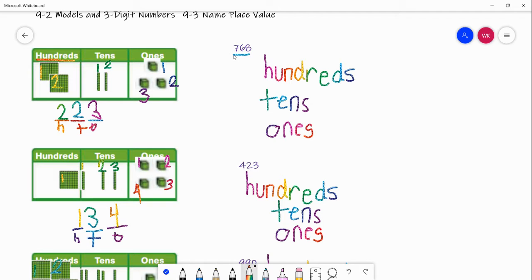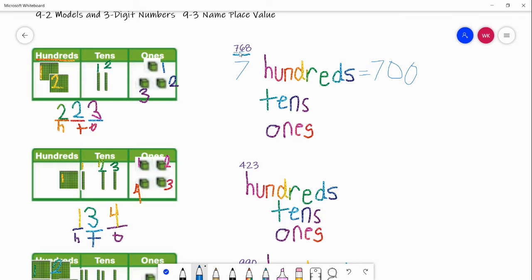When you say 700, you know there are 7 hundreds in 768. And we can also write 7 hundreds equals 700.